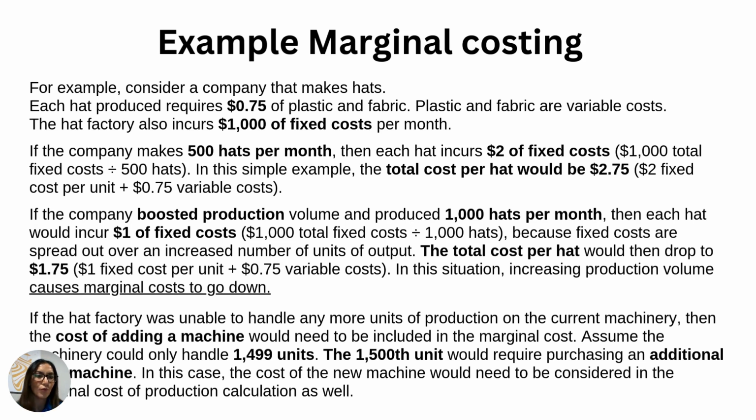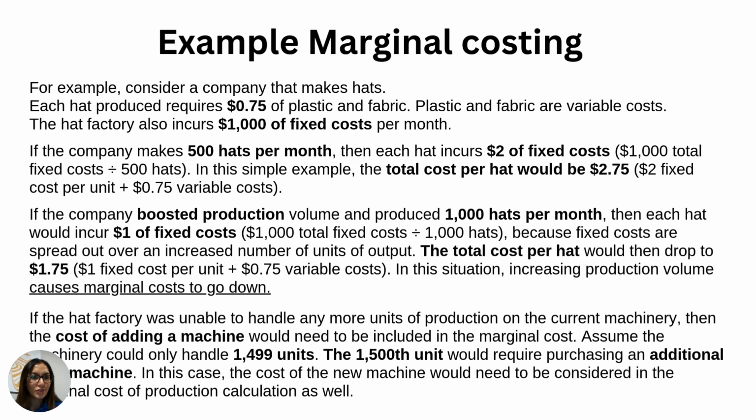So only for one more unit, we now need to pay $500 because we need an additional machine. So this is also a marginal cost, an additional cost in order to produce that additional one unit.